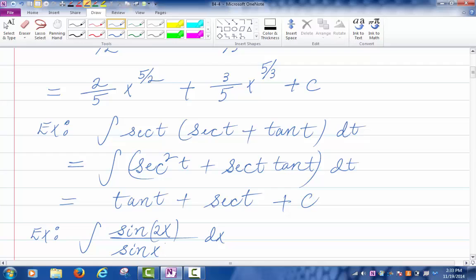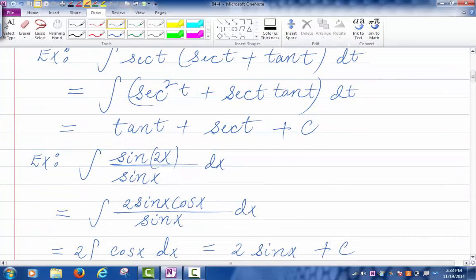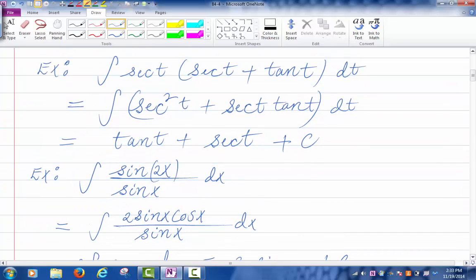Trig identities. And what trig identity can I apply here? 2 sine of x, cosine x. Sine of 2x, double angle formula. Sine of 2x is 2 sine x cosine x. Okay, so you get 2 sine x cosine x as the value of sine 2x.